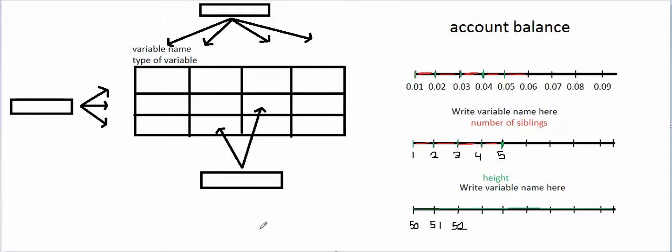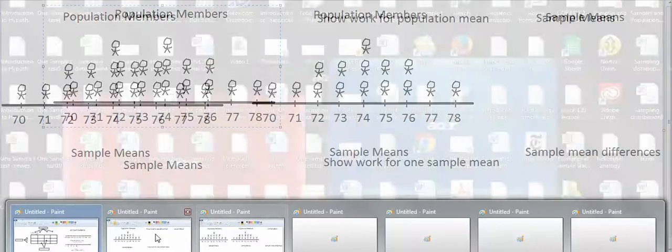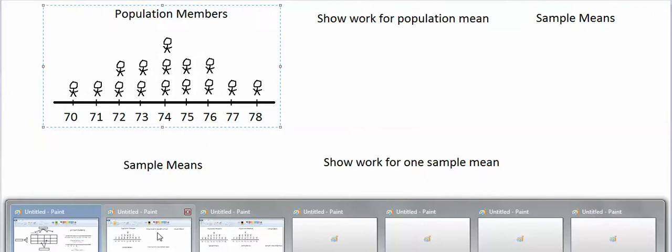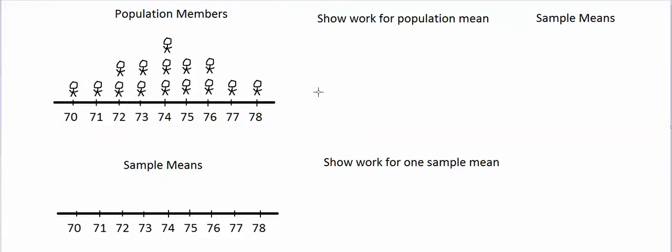What I want you to do next is some simulations with random sampling. I'll show you the first page. I'll give you this diagram here with these population members. Each stick figure is meant to be a student in a certain class.